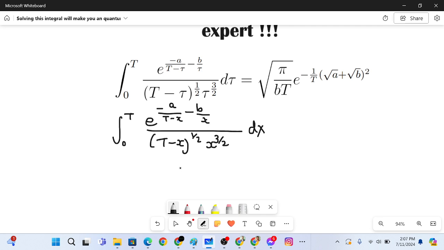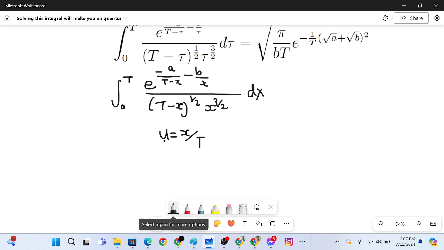Let me say that u is equal to x by t, because if I do that, then this will be simpler.